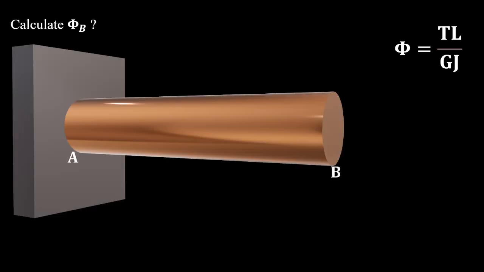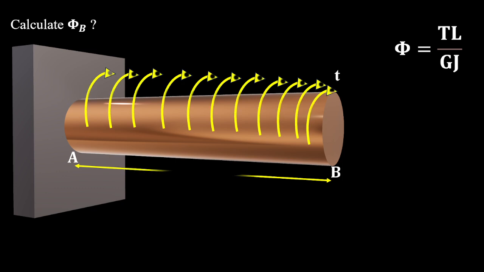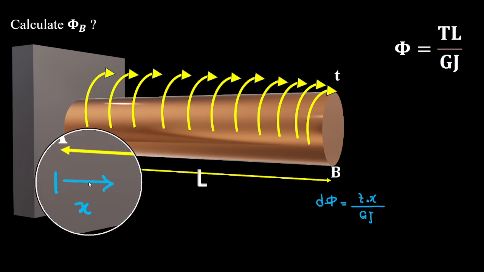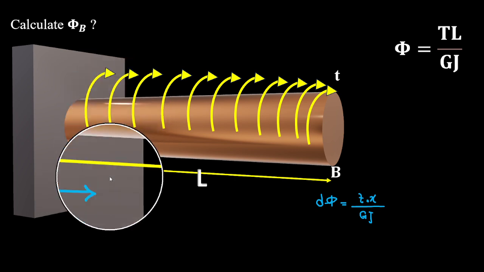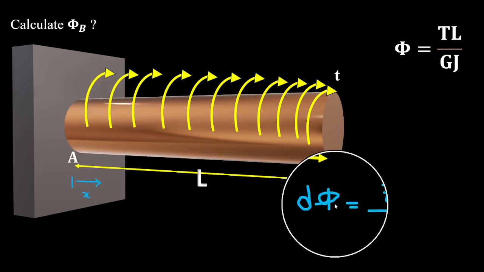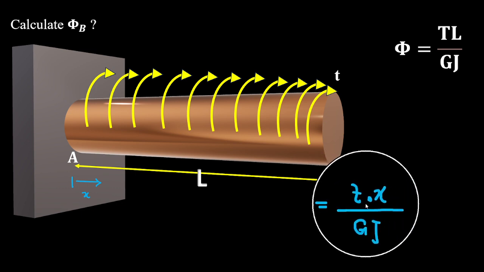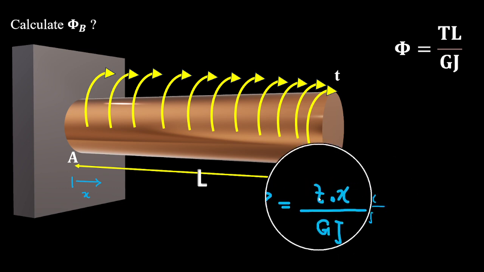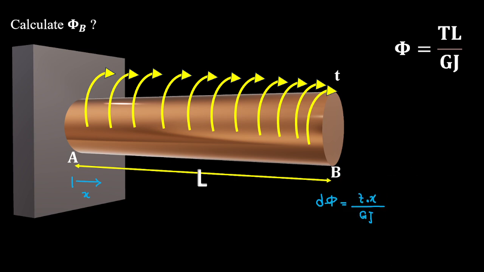So we want to calculate phi at the free end of a cantilever shaft under a continuous torsional torque. If you consider a distance of x, an elementary angle of twist is d phi, and that's t times x over GJ.